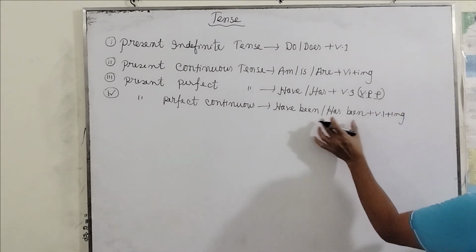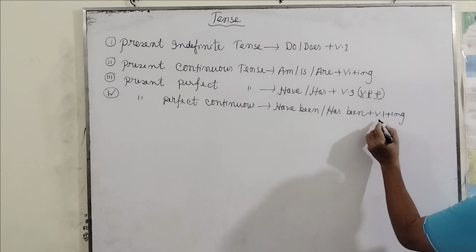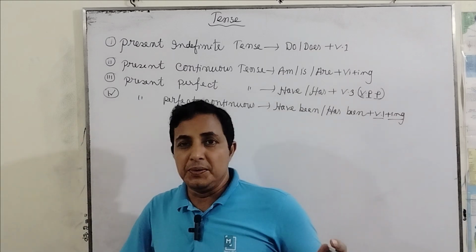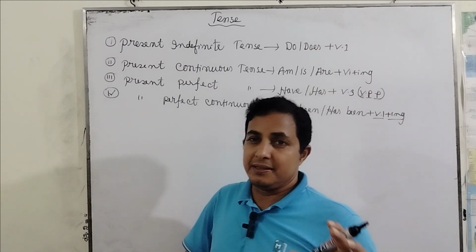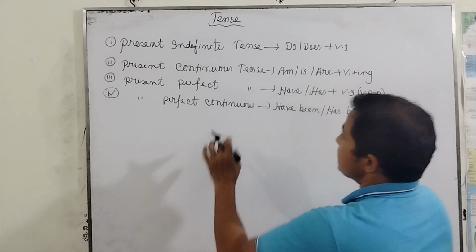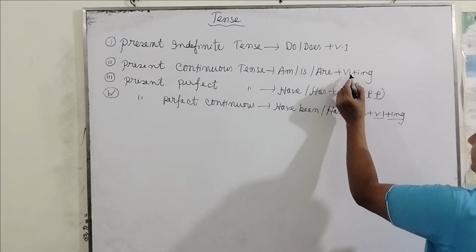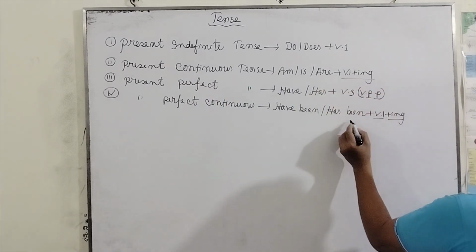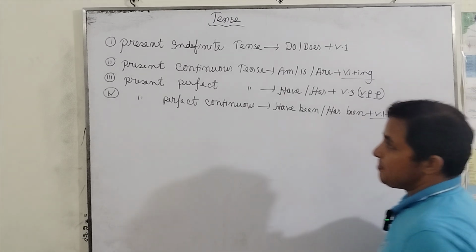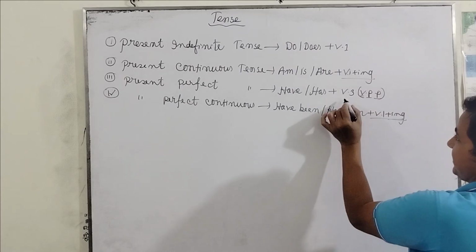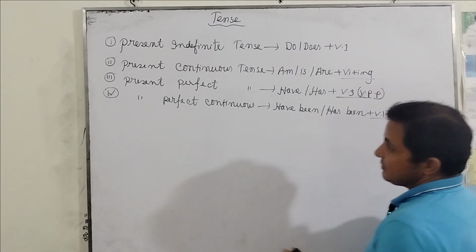That means after the auxiliary verb you have to use B1 plus ing. If you look, you will find it similar to continuous, where at the end there is B1 plus ing, and every perfect tense must take B3.